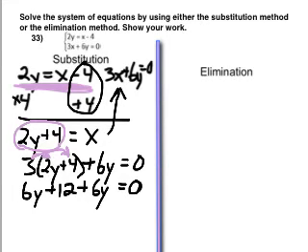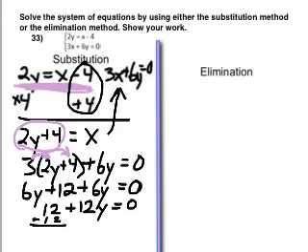And that gives me 12 plus 12y equals 0. I will add a negative 12 to both sides, and that gives me 12y equals negative 12.